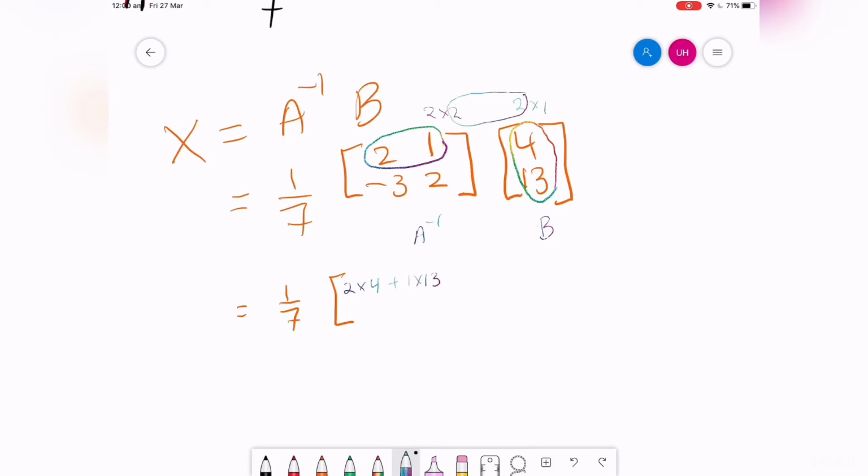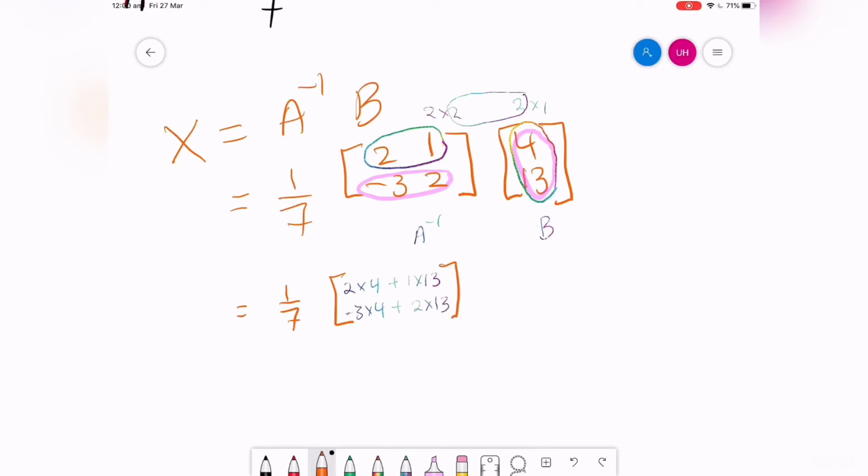Okay, and then for the second one, we will use this row with this column again. So this is going to be minus 3 times 4 plus 2 times 13.